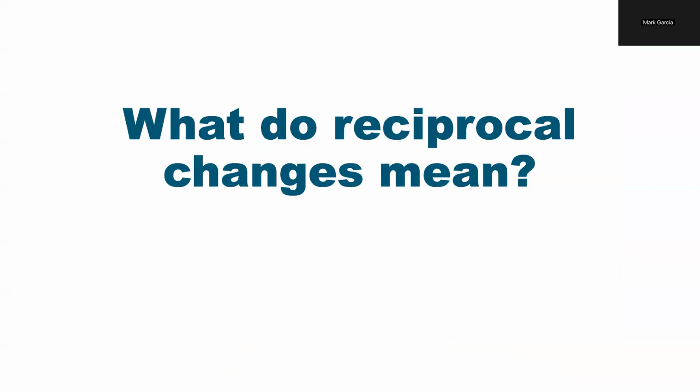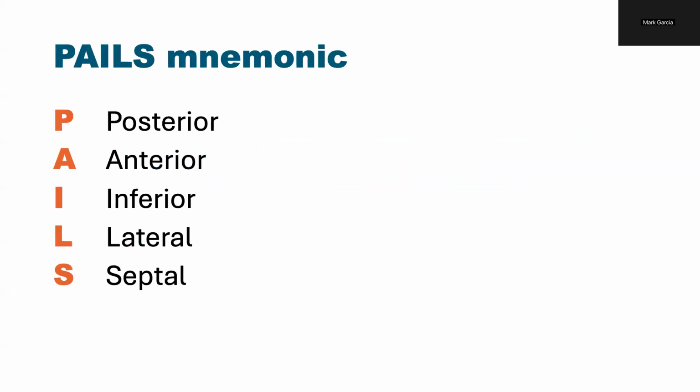Then you also may remember the concept of reciprocal change, and oh my goodness, how do I remember which region is reciprocal to which region? You can remember it by using the PAILS mnemonic. So P stands for posterior, A for anterior, I for inferior, L for lateral, S for septal. And you'll find that the next letter in the mnemonic is the reciprocal area for the letter above.